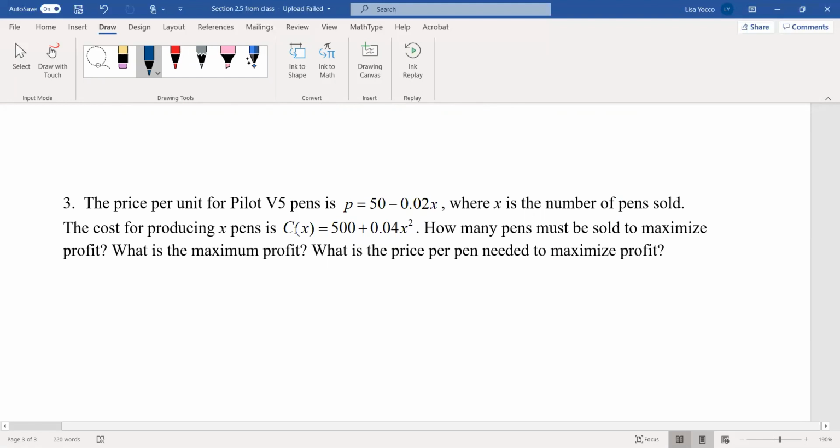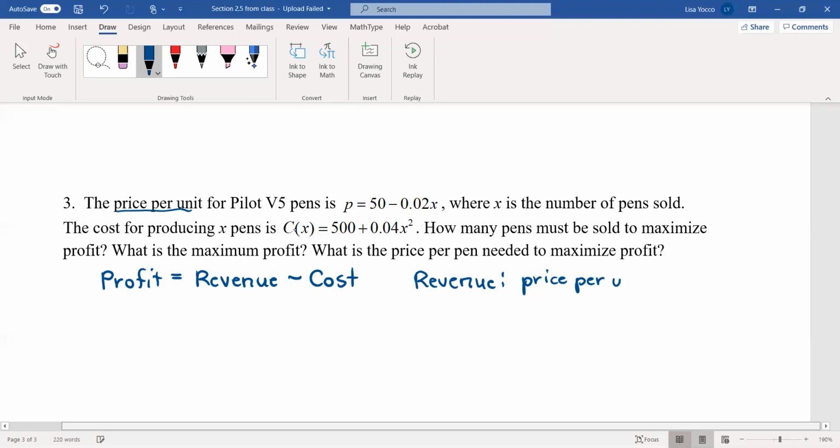Okay, so it's all about the profit. Well, for profit, we need revenue minus cost. They didn't give us the revenue function, but what they did give us is the price per unit. So we're going back to some formulas from the beginning of the course. The revenue is the price per unit times the number of units.